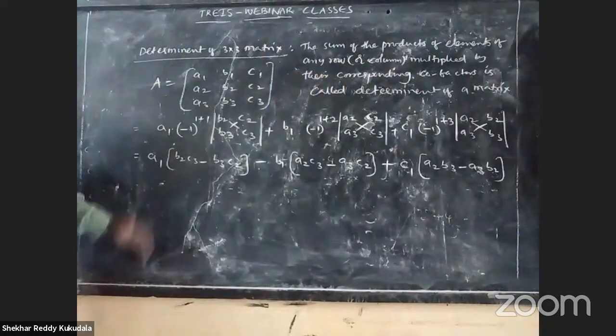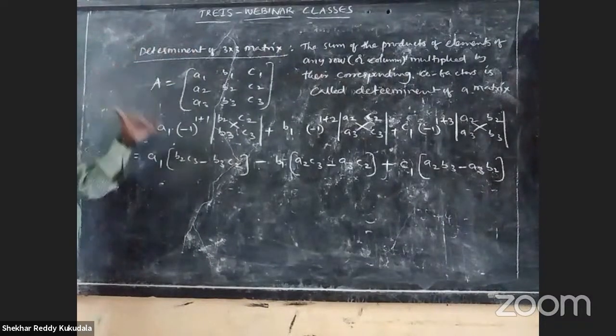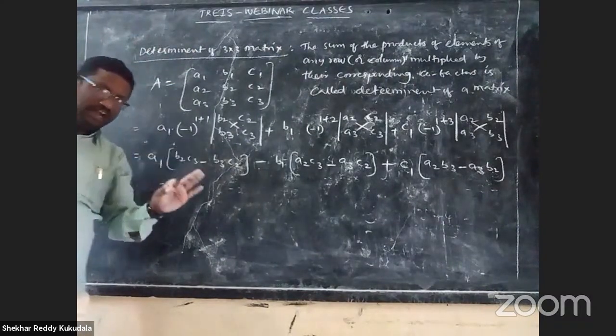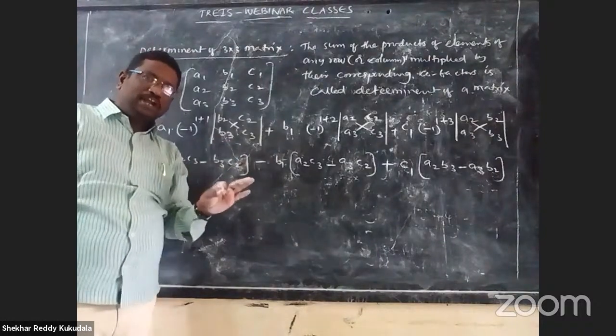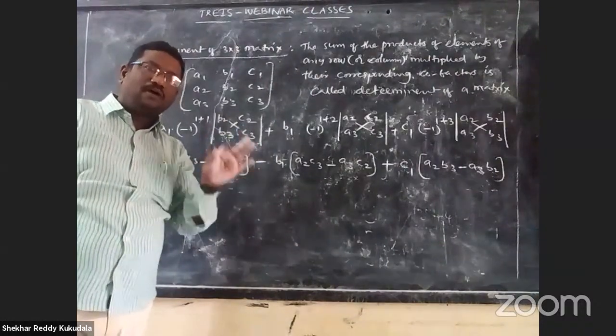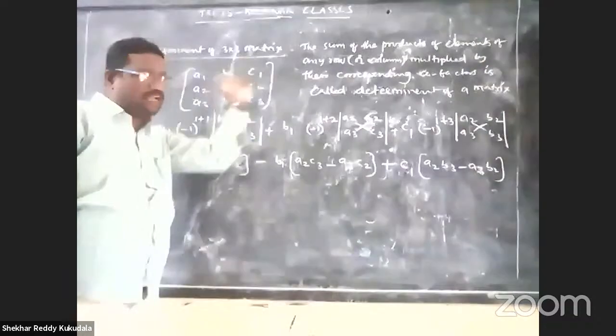I hope the concept of determinant is clear. When you are finding the adjoint matrix, you need to find the cofactors for all 9 elements separately.